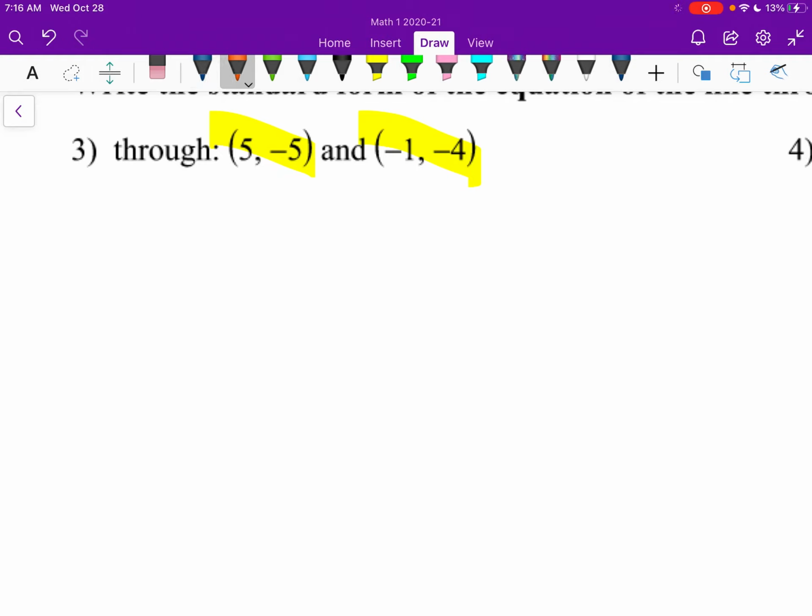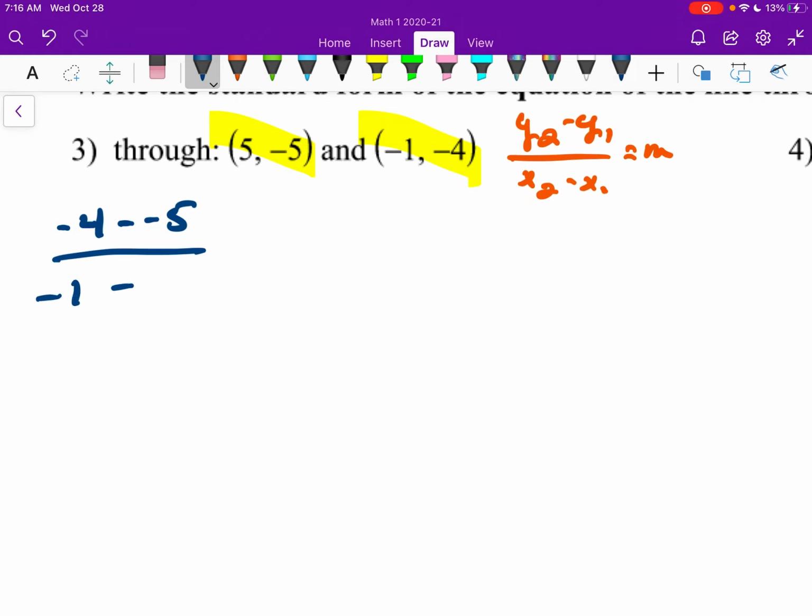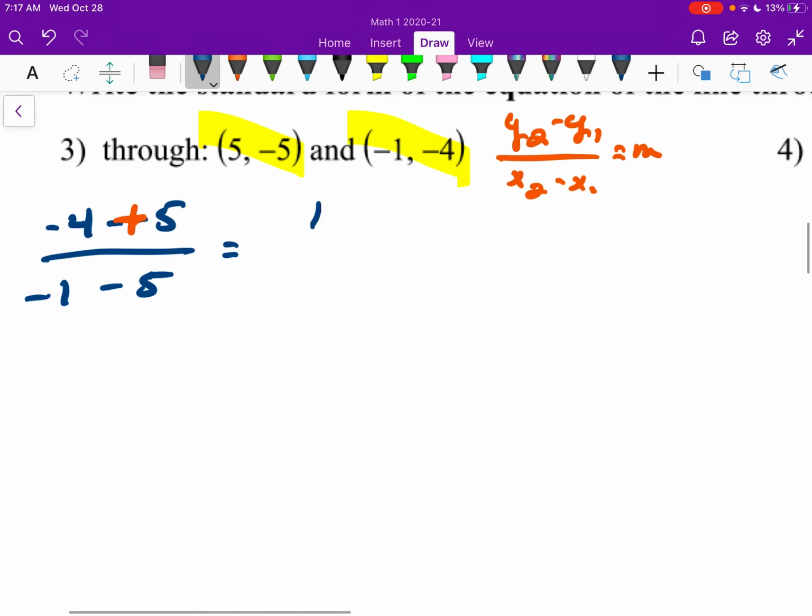My slope formula is y2 minus y1 over x2 minus x1. So I'm going to have -4 minus -5 over -1 minus 5. That's going to be, well, here's a plus, 1 over -6. So that's my slope.